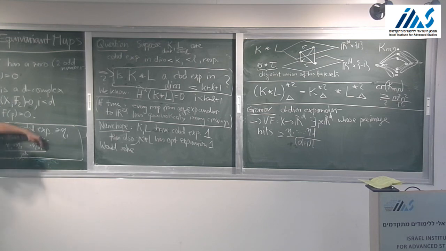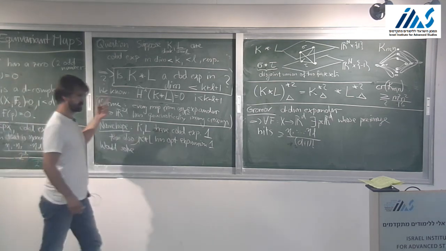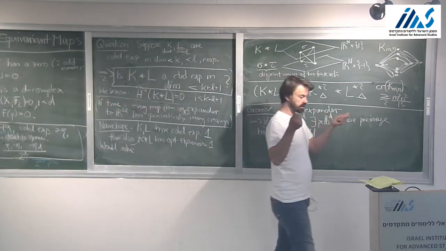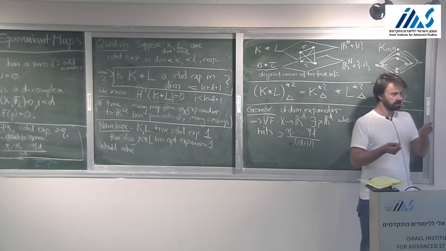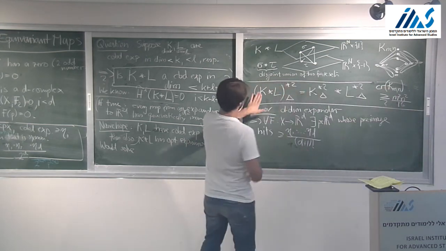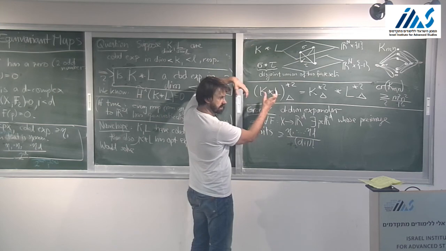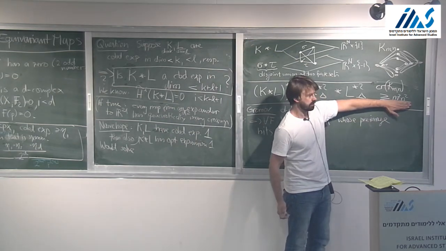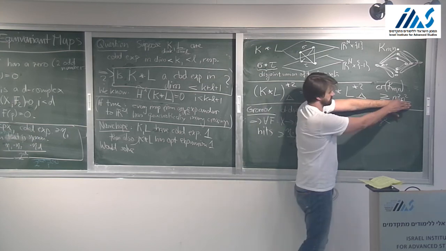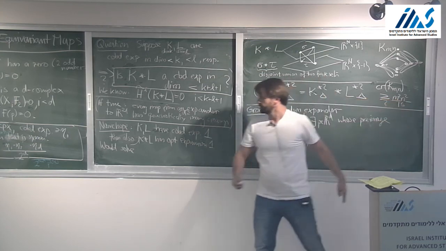So if you had expansion 1 in each dimension, then you simply get a factor of 1 over 2 to the dimension. If you look at the deleted join of K_{m,n}, we know it's the join of each of the factors, so it has this number of top-dimensional faces, m squared times n squared.